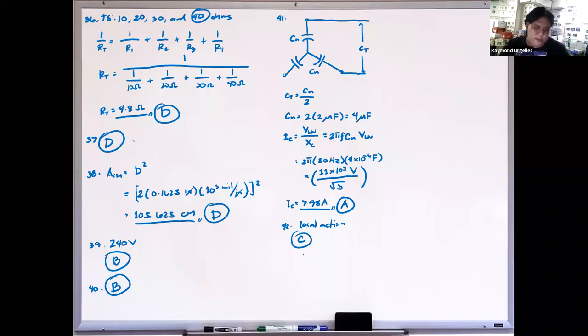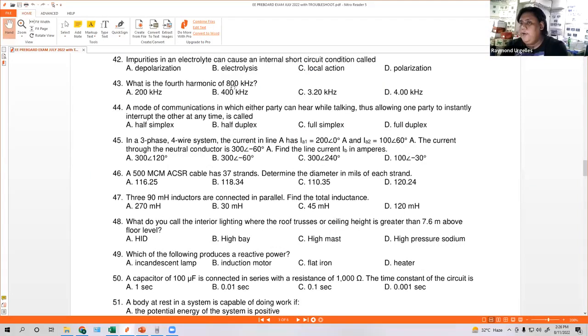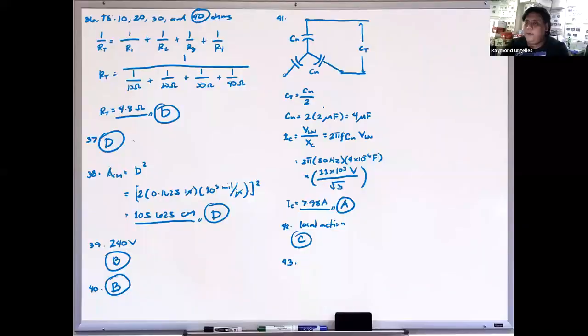Next number, 43. The question is the fourth harmonic of 800 kilohertz. When it comes to harmonics, harmonics are multiples of the fundamental frequency. So the fourth harmonic, that's f sub 4, is given by 4 multiplied by the fundamental frequency.